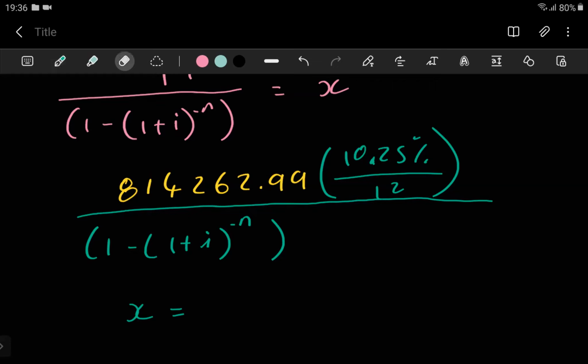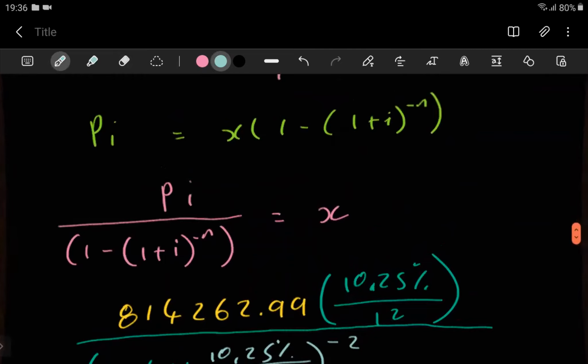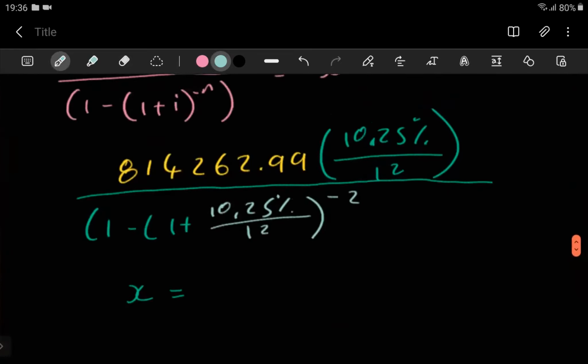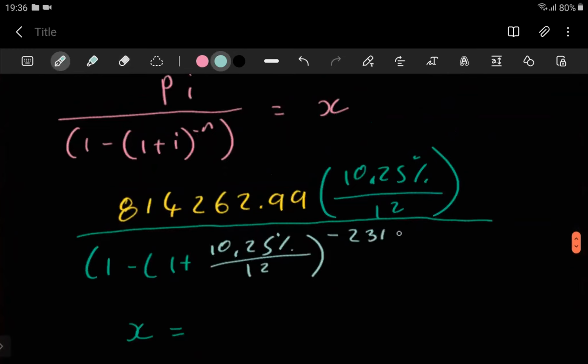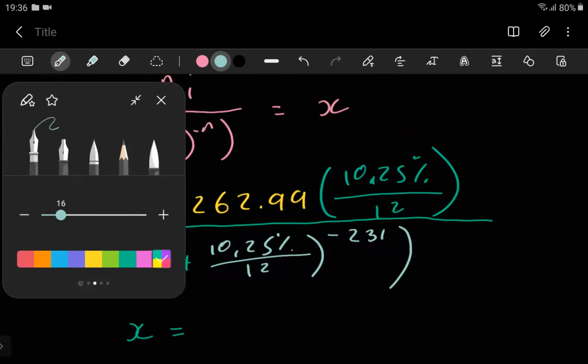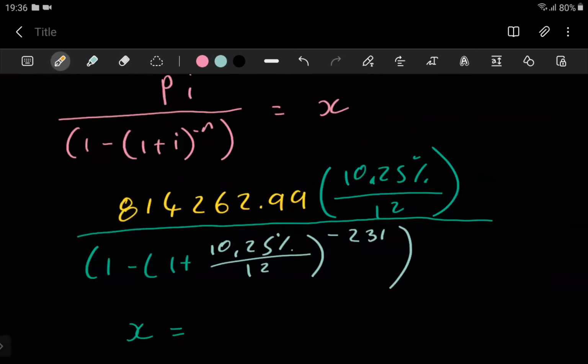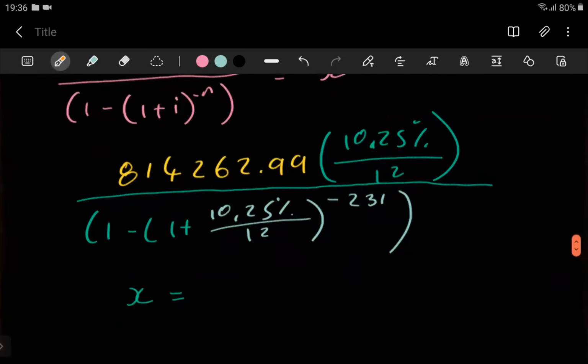The n value is 231. Okay. Oh, I get an error. I don't know why. And then what do you get now?